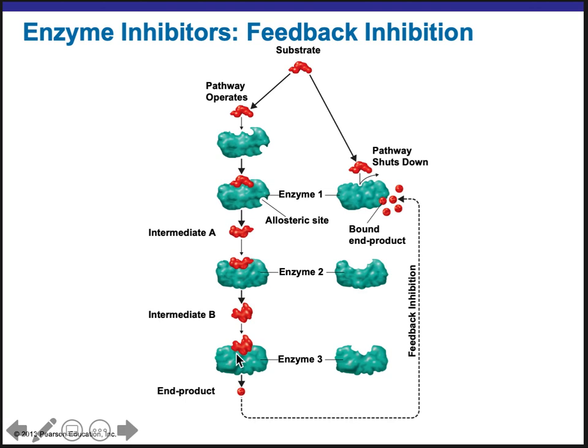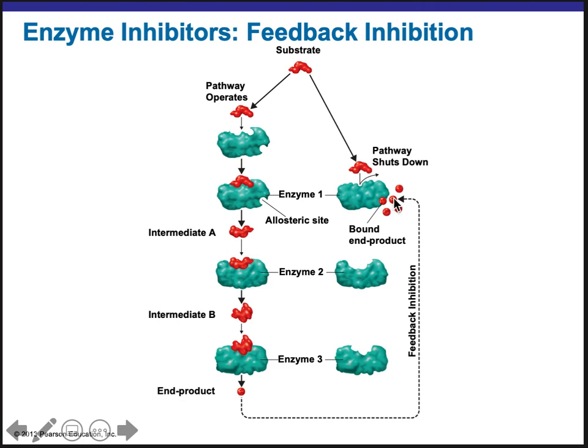But what negative feedback inhibition says is that if the end product starts to build up, you start to have more of it than you need, it starts to just sit around, it can act as an inhibitor to the pathway, the very pathway that's producing it.